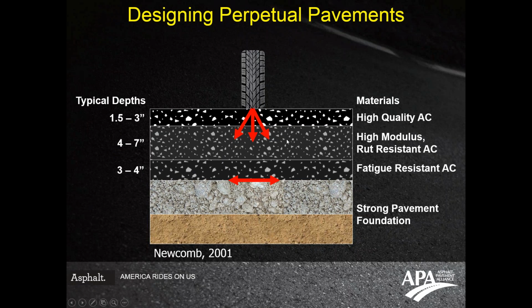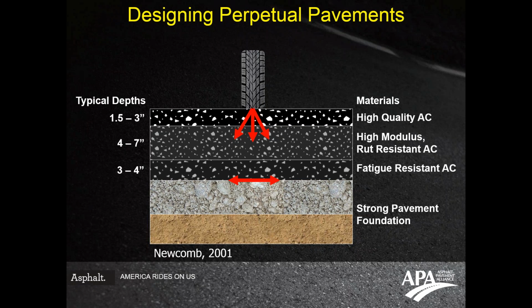The idea of these different pavement layers is to very carefully select and design the asphalt concrete layers and their thicknesses to meet different kinds of stress conditions through the depth of the pavement structure. Near the surface, where we have high shear stresses and high compressive stresses and strains, we need high quality asphalt concrete materials.